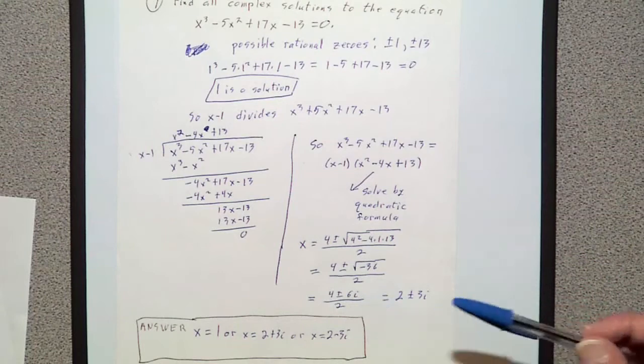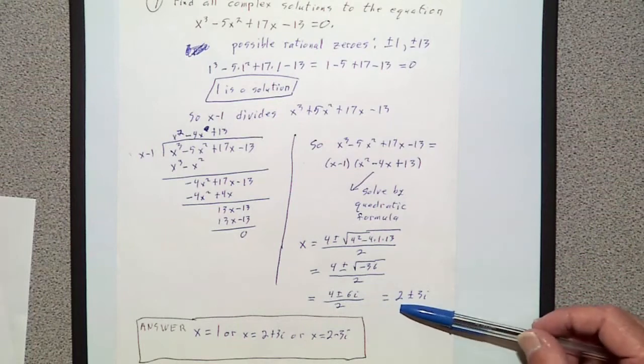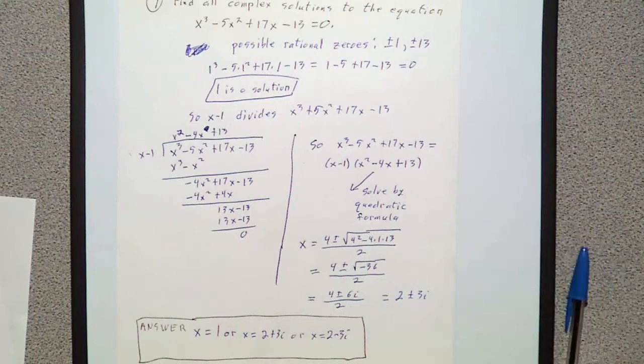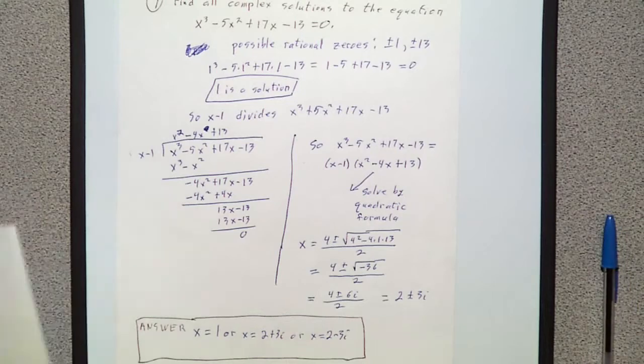So that's 4 plus or minus 6i over 2, or 2 plus or minus 3i. So we got 3 solutions, 1, 2 plus 3i, and 2 minus 3i. And again, you should note that complex numbers always come in pairs, a number and its conjugate.